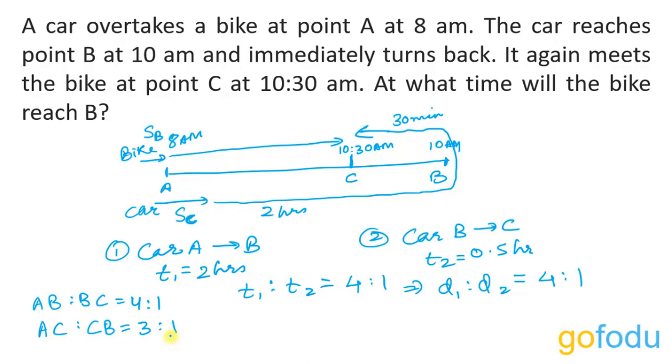Now the bike takes 2.5 hours to travel from A to C, from 8 am till 10:30 am.